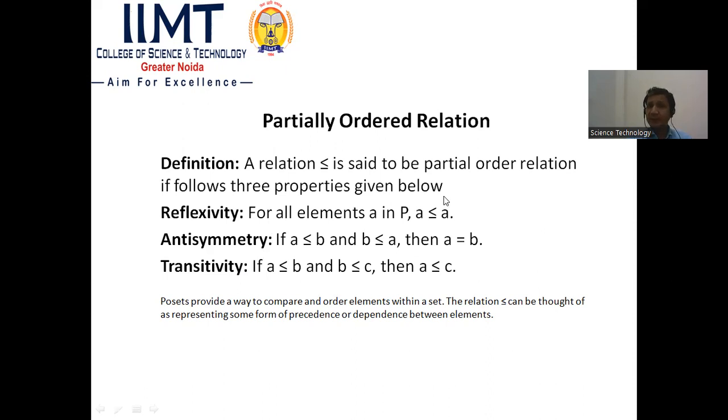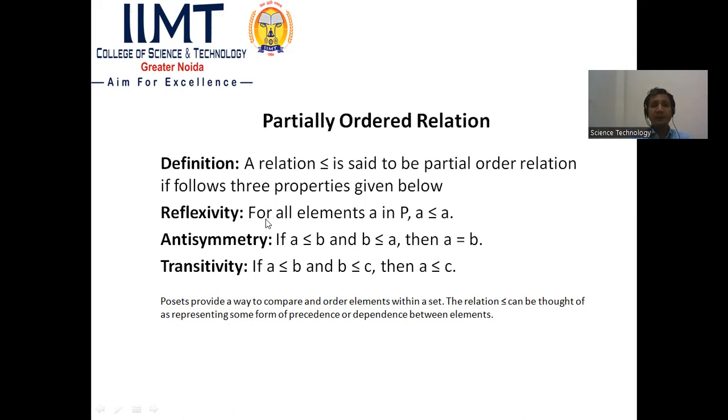So it is clear a partial order relation is a relation between objects which exhibits three properties: reflexive, antisymmetric, and transitive.